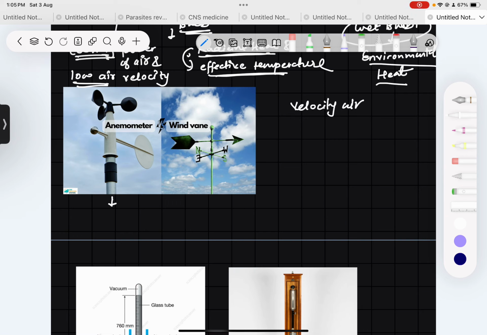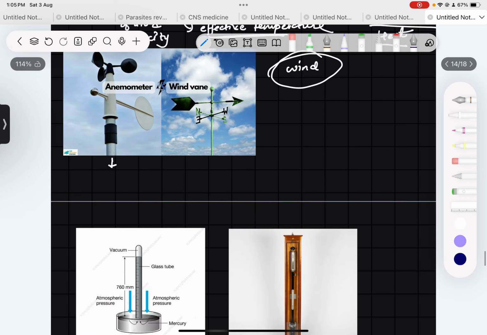Now these two are about the velocity of air. This anemometer is going to measure the velocity of wind, and this wind vane is going to measure the direction of wind.